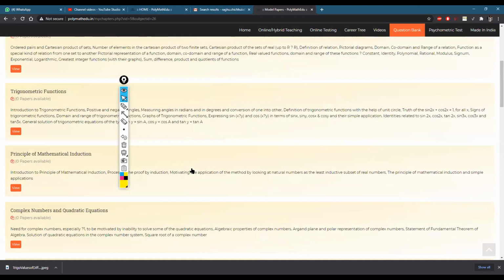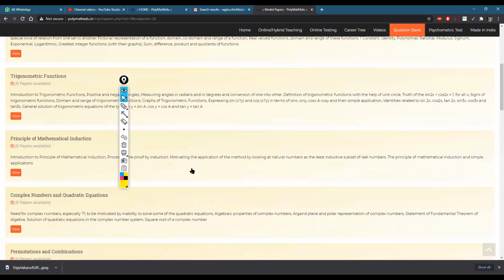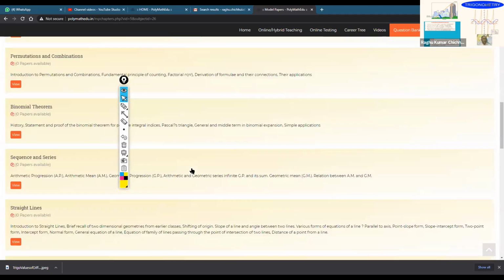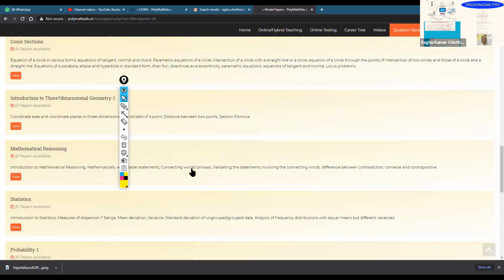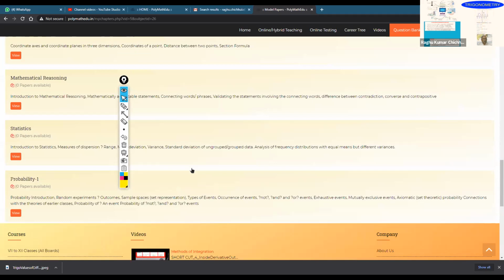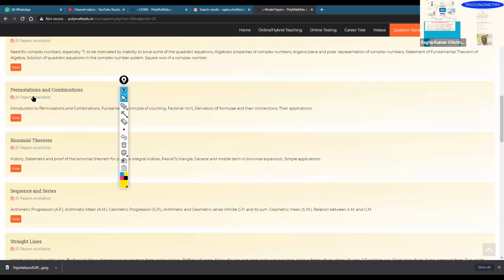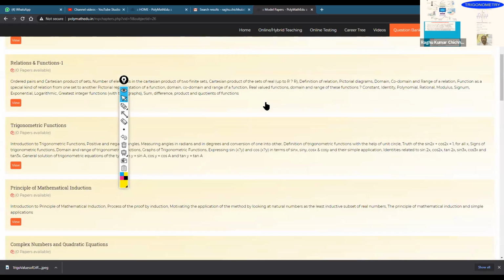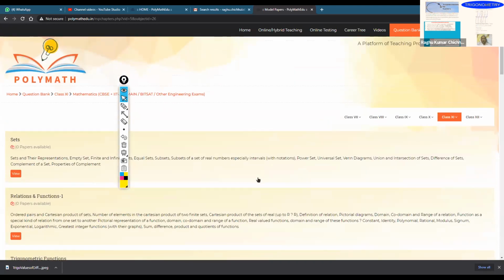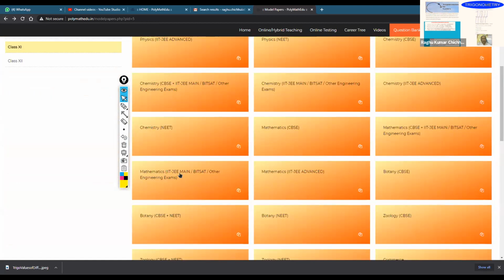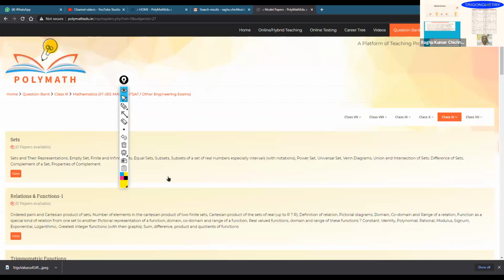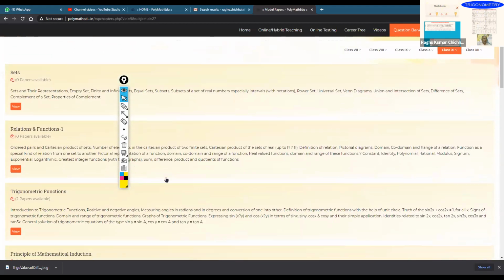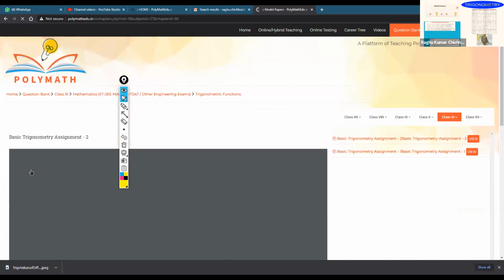Let me check it once. Trigonometry. Here it is. Now, in this one, IIT-JEE main is there. This is CBSE. This is CBSE plus IIT-JEE main. And this is only IIT-JEE main. In this one, you go and trigonometric functions are there.